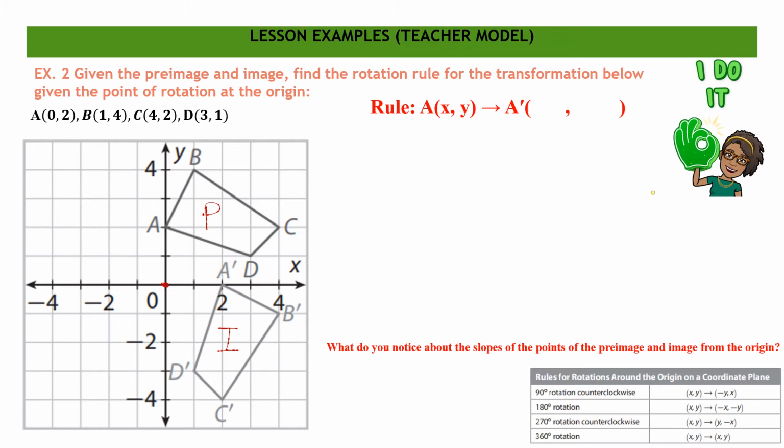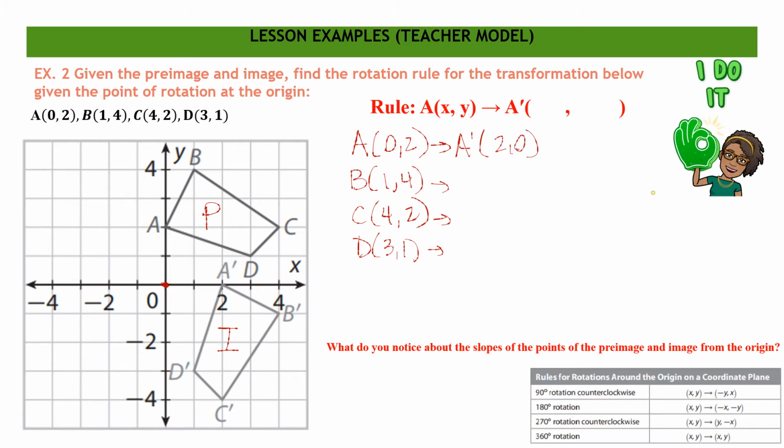So the first thing that we can do is identify the pre-image points, which were already given to us. So A we have as (0, 2), B we have as (1, 4), C we have as (4, 2), and D we have as (3, 1). Now we can go ahead and determine what our image points are just by looking at the figure in the problem. So A prime I have as (2, 0).